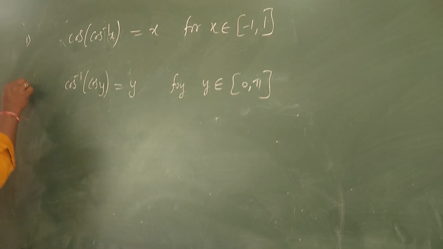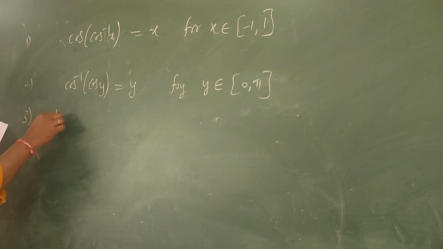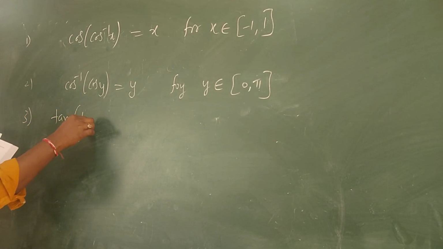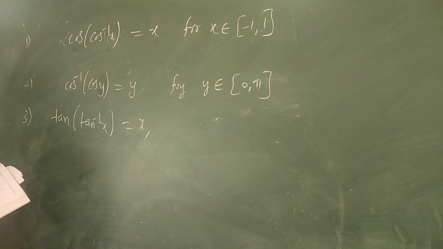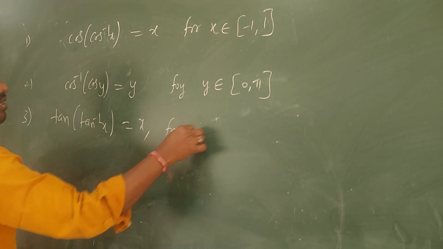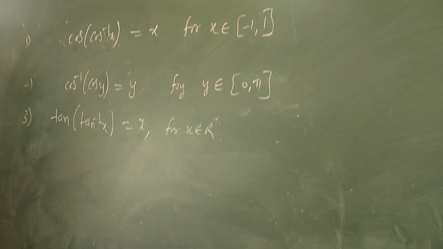And the next one is the third one, tan of tan inverse x. Tan of tan inverse x is equal to x for all x belongs to R. Okay, tan of tan inverse x is equal to x. This is what you have to remember. Next one, mainly these two things, remember it.